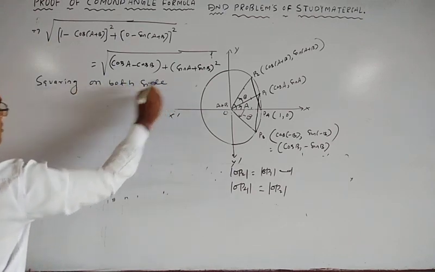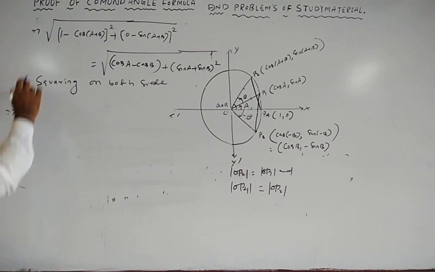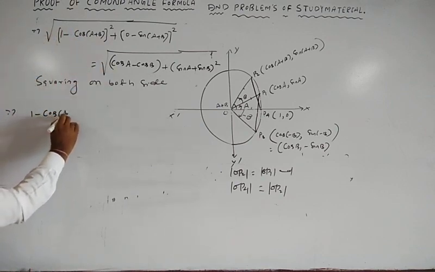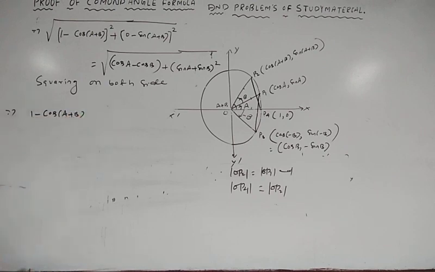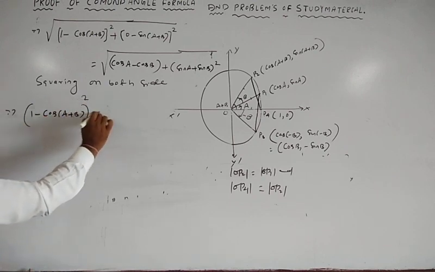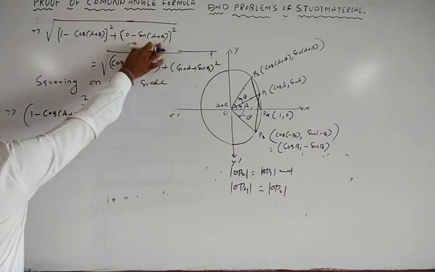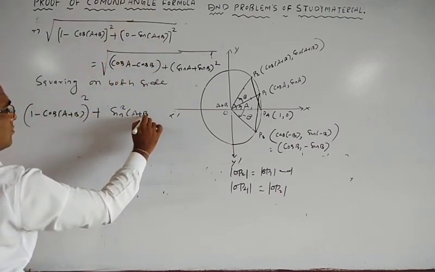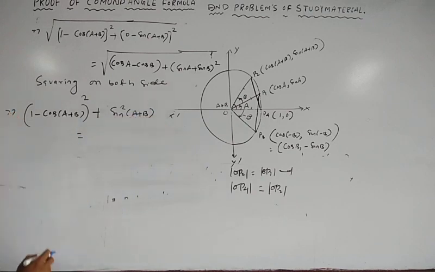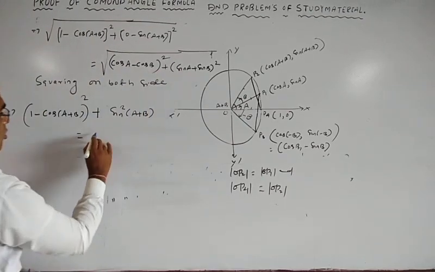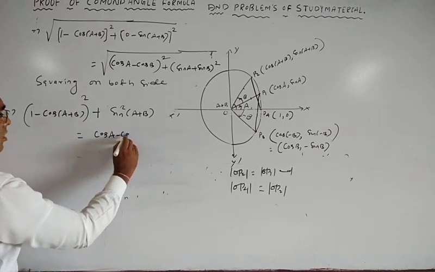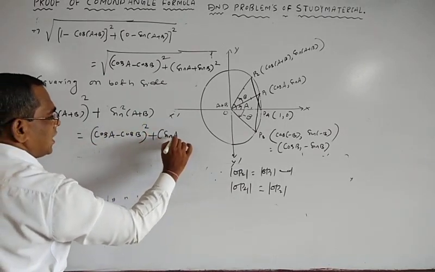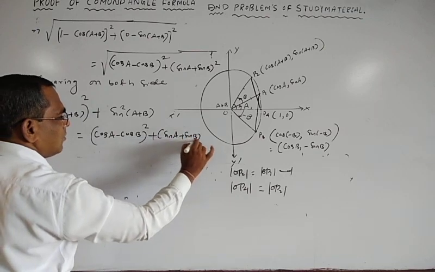On both sides, squaring means the square root cancels. That is 1 minus cos(a plus b) whole square, plus the minus of this one squared, this is sin square of (a plus b), equal to (cos a minus cos b) whole square plus (sin a plus sin b) whole square.